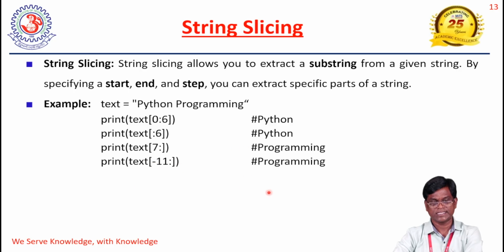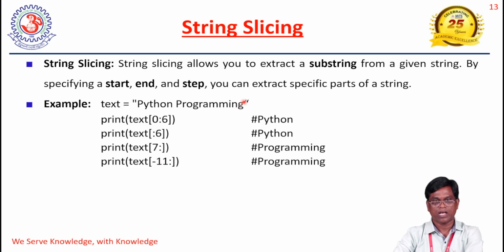And see another example: print text of -11 colon. As we said already, Python supports both positive and negative indexing. Here I use the starting index as -11, which is counted from right to left.